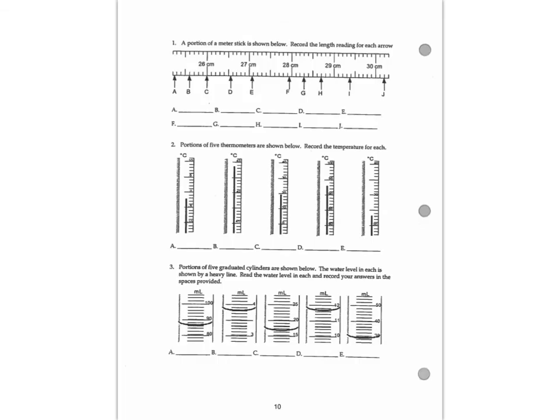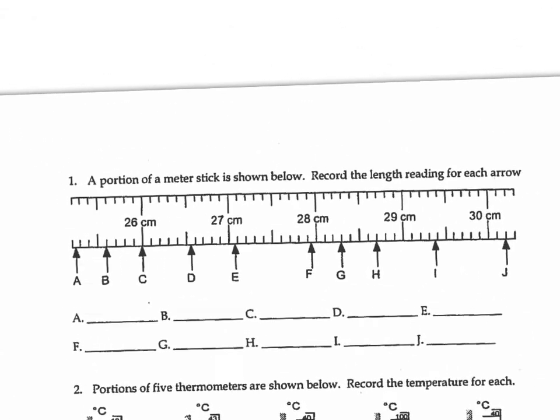This is another worksheet that is in your binder. I believe it's page 21 in your binder, and I will probably ask you to do these on your own, but I would like to use this as some more examples of doing measurements. Let's take a look at the top ruler here.